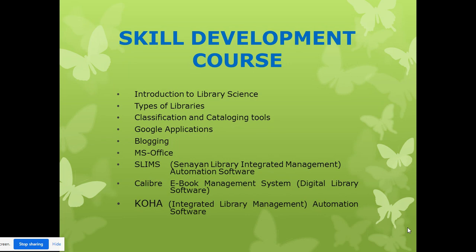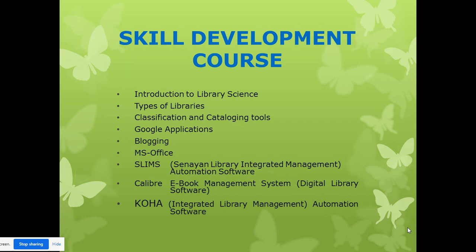We will do, first of all, introduction to library science, then types of libraries, then classification and cataloging tools, Google applications, blogging, MS Office, SLiMS automation software, Calibre ebook management system, which is digital library software, and Koha integrated library management. It is also a library automation software.